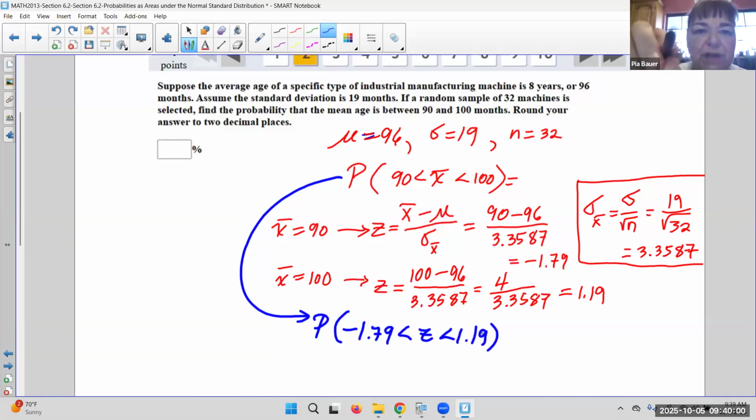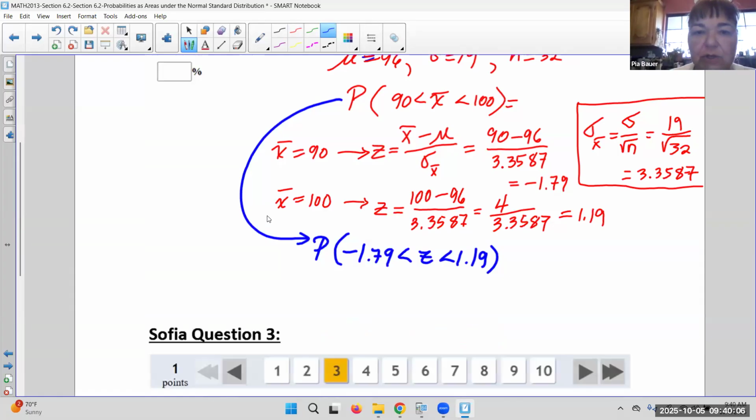And so we can draw a picture here if necessary, but we can also just assume this is my lower limit. This is my upper limit in that option too.